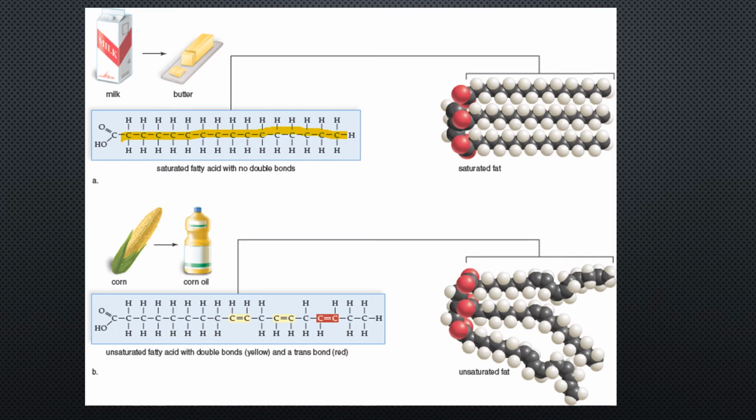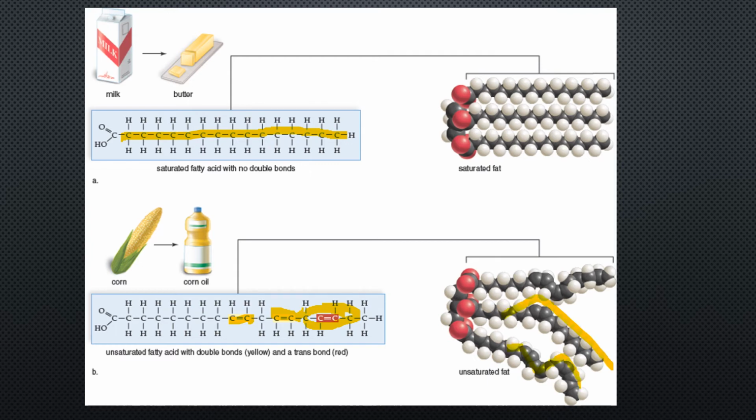Our unsaturated fatty acids are not saturated with hydrogen. That's what that unsaturated means. So you wind up with things like double bonds and triple bonds throughout the fatty acids. The reason that's important is because it causes kinks in these chains.